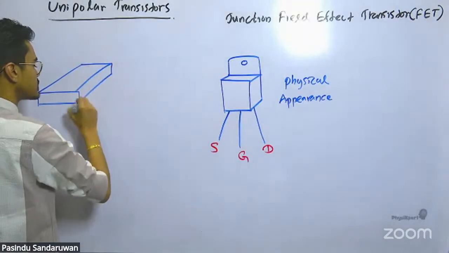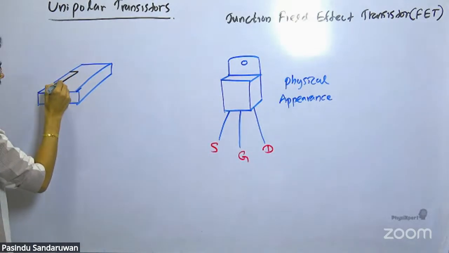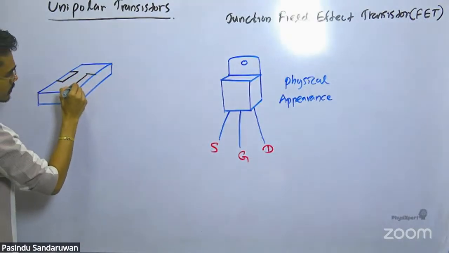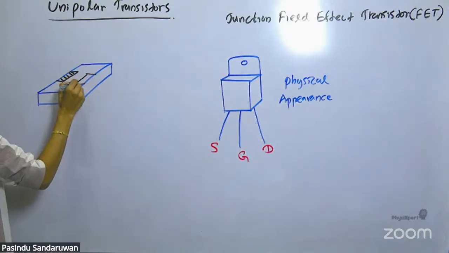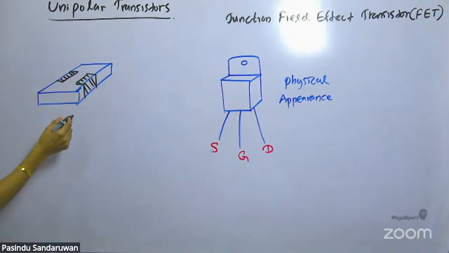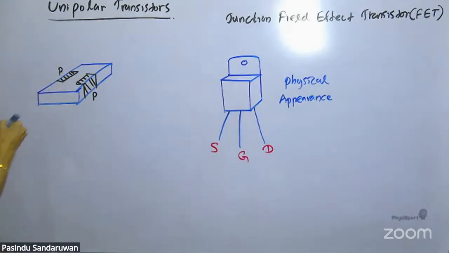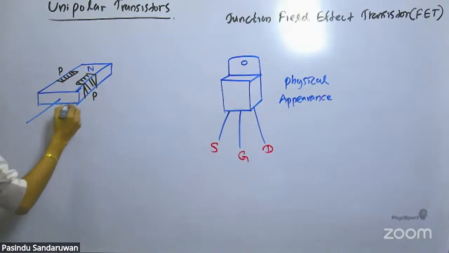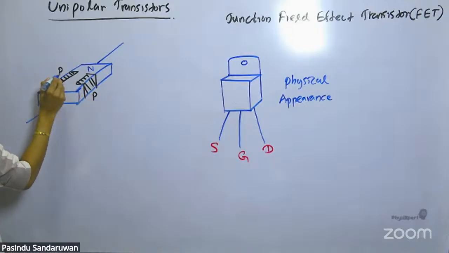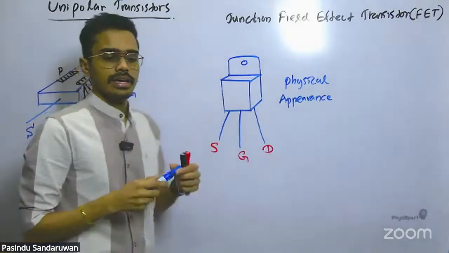On one side, one type of semiconductor is here, so this is P, and the other semiconductor is here, say this one is N, and there are three terminals like this, namely gate, drain, and source.